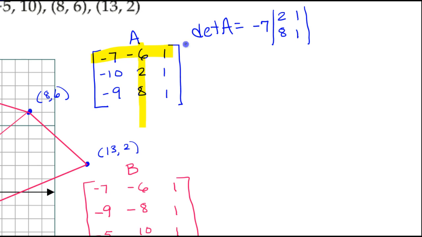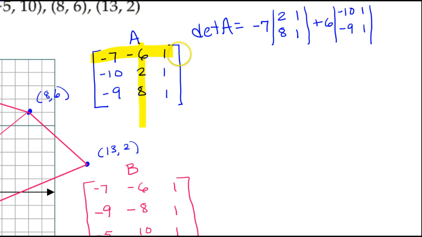Now, the middle cofactor, I need to change the sign. So I'm going to put +6. And then I will put the minor determinant. So this will be -10 and 1 and -9 and 1. Okay? And by the way, the sign pattern goes like this.